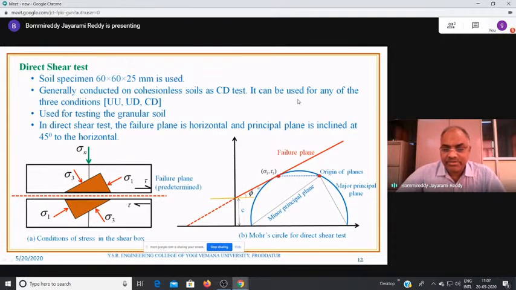So in the laboratory experiment, you will get a combination of normal and shear stresses, 3 or 4 values accordingly, 0.1, 0.2, 0.3, 0.4, etc. Passing through those points, it will be a straight line, and it intercepts the y-axis. The ordinate of the y-intercept is called the cohesion, and the horizontal angle is called the angle of internal friction.